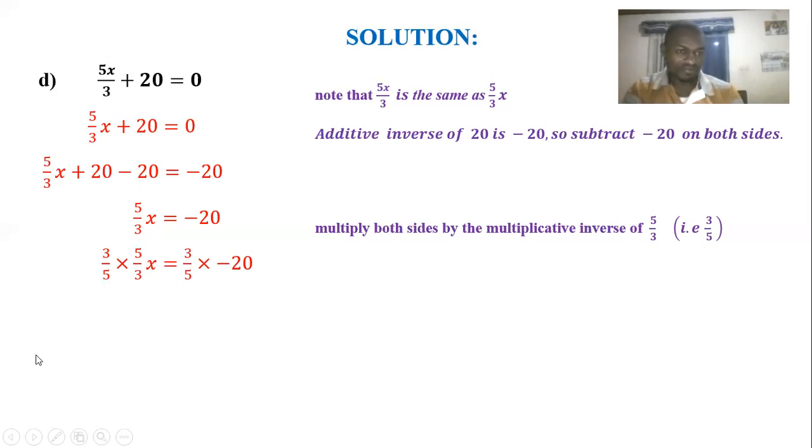When this is done, the left-hand side reduces to 1x, which leaves x unchanged. And the right-hand side can be simplified by 5: 5 into -20 is -4. -4 times 3 gives -12, giving us x equals -12.